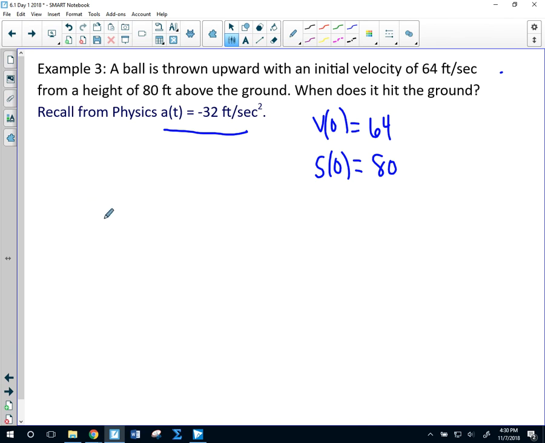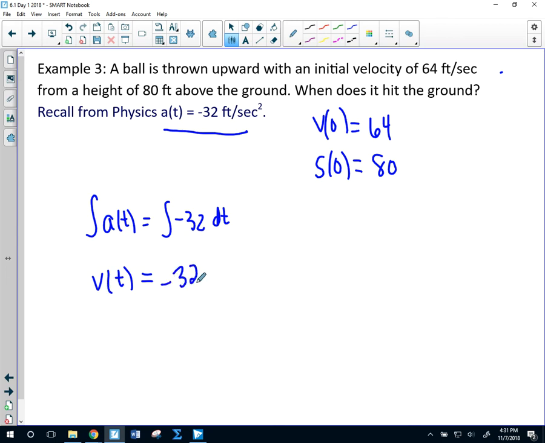So we are going to think of a of t as the second derivative. So I want the integral of a of t, and this side is equal to negative 32. And we should call it dt over here on both sides technically. So the antiderivative of a of t is v of t, because remember that, again, acceleration is the derivative of velocity.